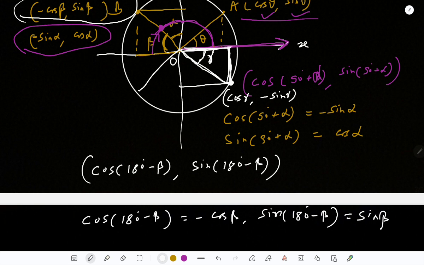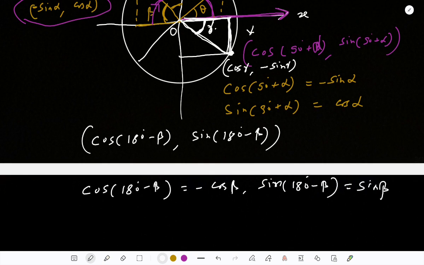And now start from the positive OX axis and move to this point. You move this time not in anti-clockwise sense but in clockwise sense. So you can also write its coordinate as cos minus gamma and sine minus gamma.